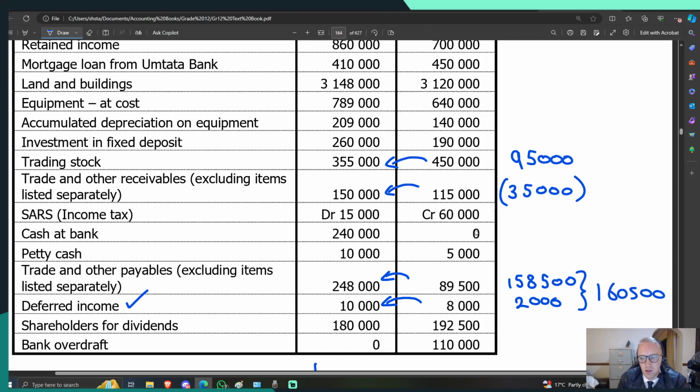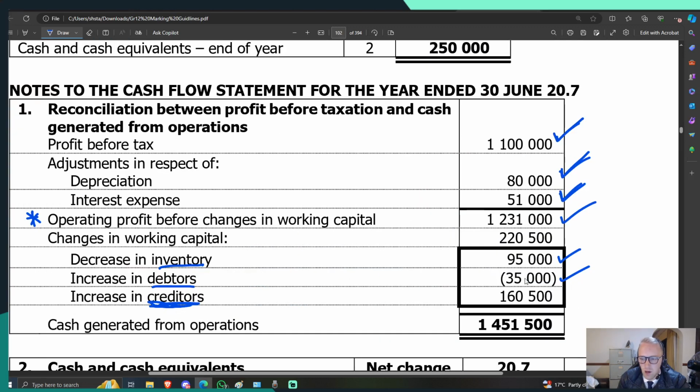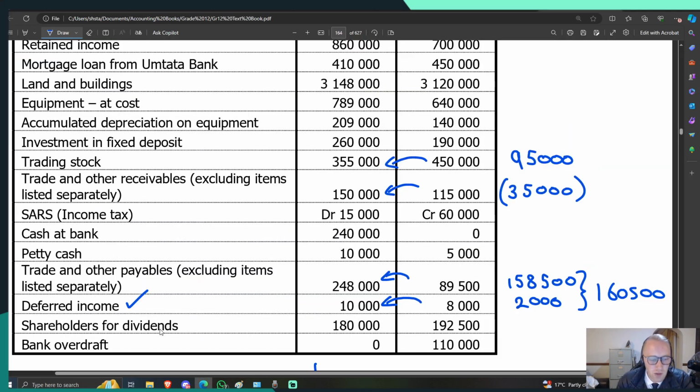So let's look at that in our cash flow statement. 160,500 increase in trade and other payables, not creditors. Now I want to point out that we have bank overdraft here. At the beginning of the year, it was 110,000, and at the end of the year, it's 0. But that does not affect our trade and other payables.